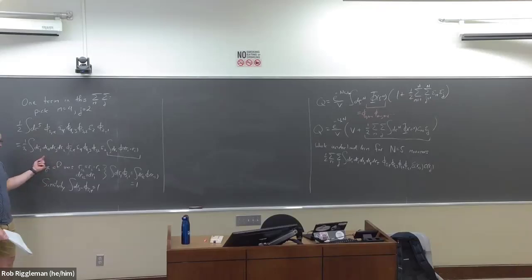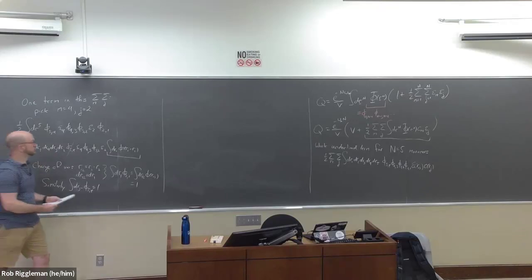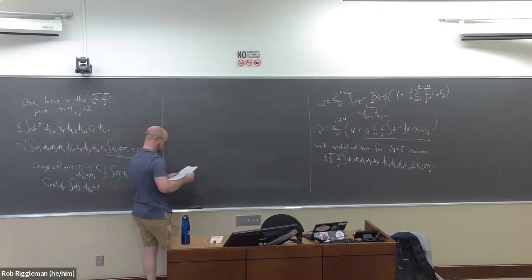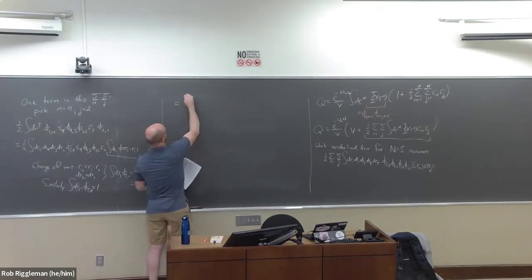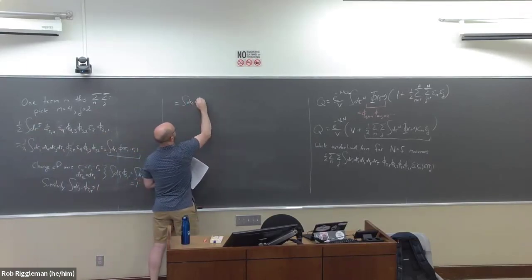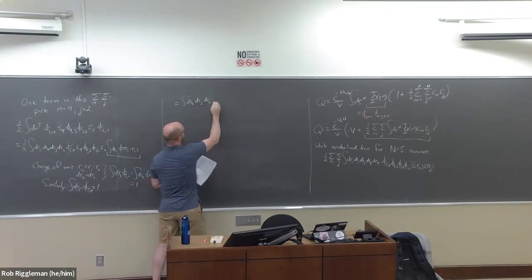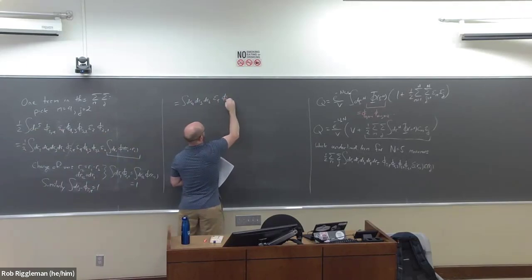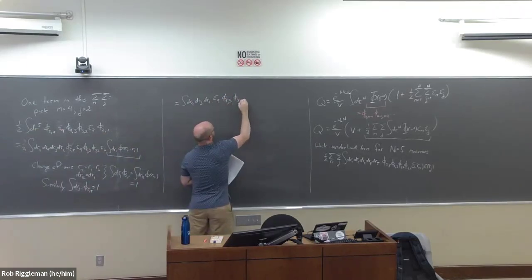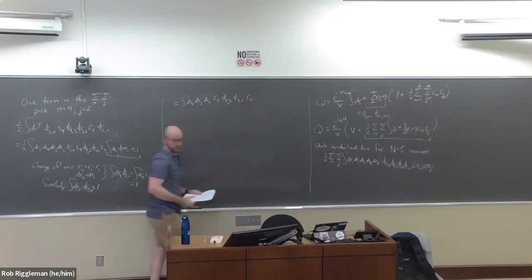All right, so we've killed off 2 of our 5 integrals. And so now what we have left is integral dr4, dr3, dr2, epsilon 4, phi 4, 3, phi 3, 2, epsilon 2.